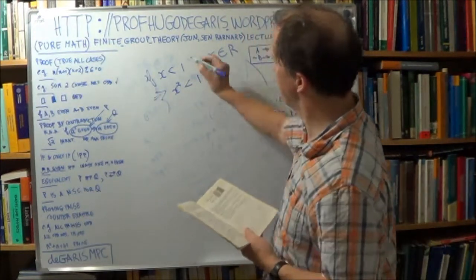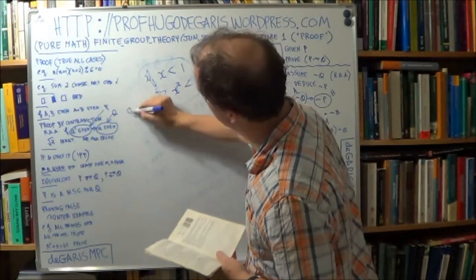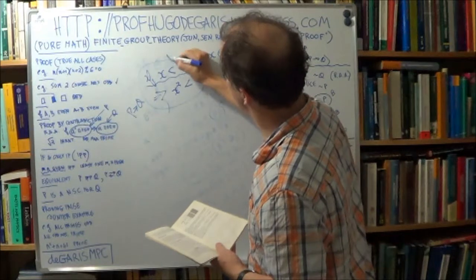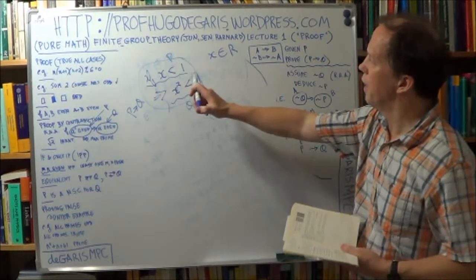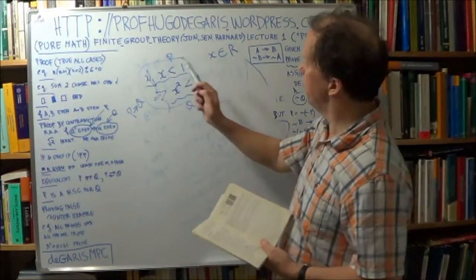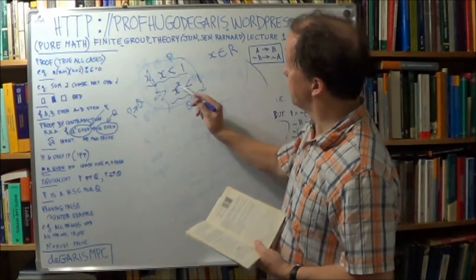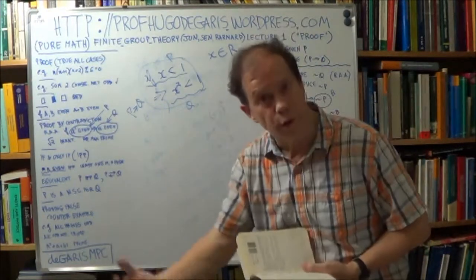Right? That's your p, if p then q. So that's your p and that's your q. Right? So prove that. If p then q, so if x, which is a real, is less than 1, then x squared is less than 1. Prove that. Or disprove it.